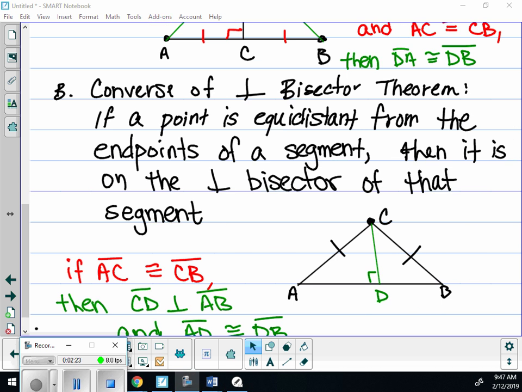The converse of the perpendicular bisector theorem says if a point is equidistant from the endpoints of a segment, then it is on the perpendicular bisector of that segment.